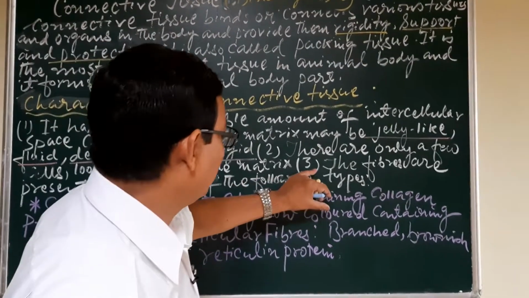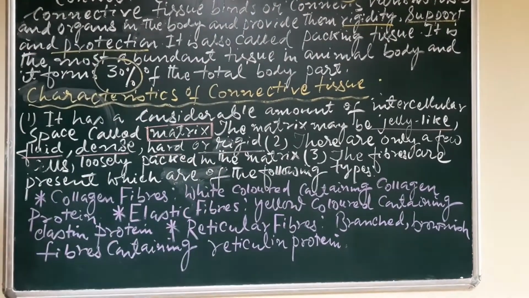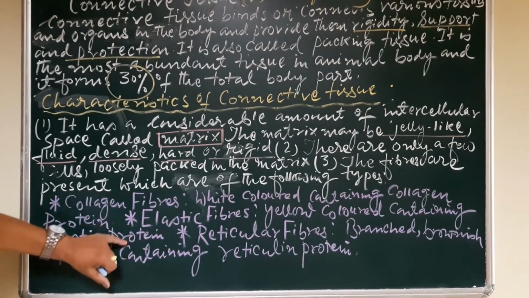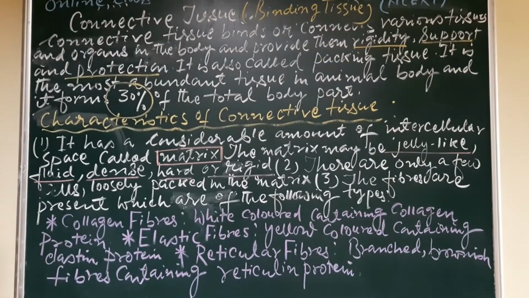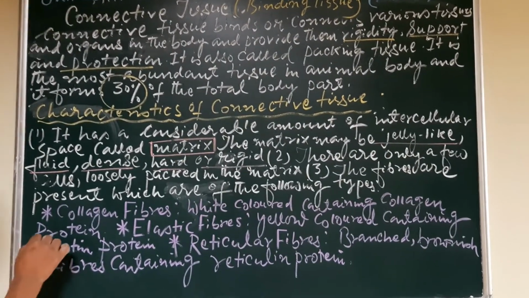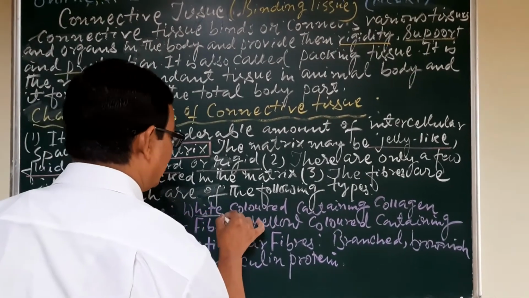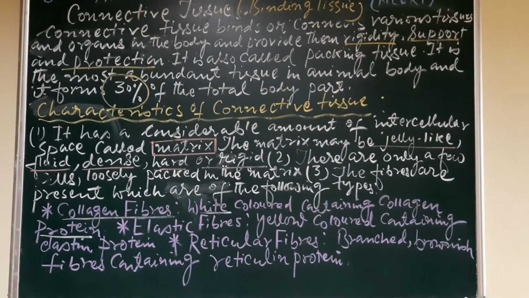And the third important characteristic feature is the presence of fibers, and the fibers are of three types. Number one, collagen fibers. These are white color fibers containing the collagen protein.